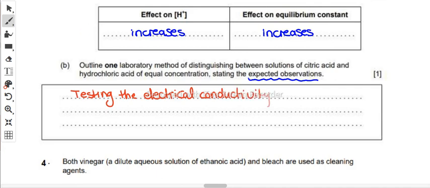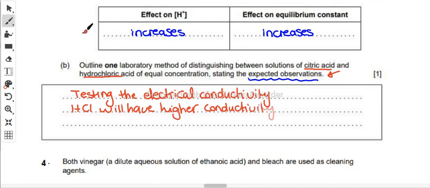The question is also asking me to write down the expected observations between the citric acid and the hydrochloric acid. Definitely the hydrochloric acid will have higher conductivity since it's a strong acid.